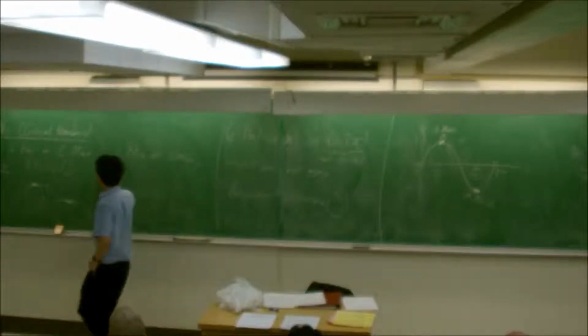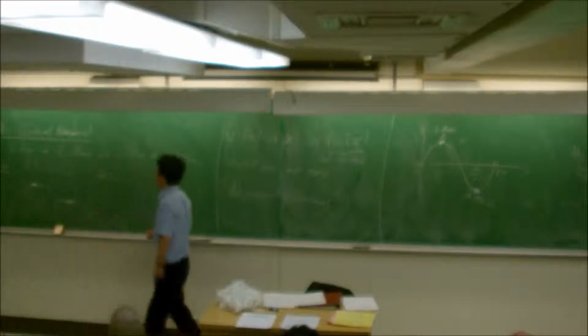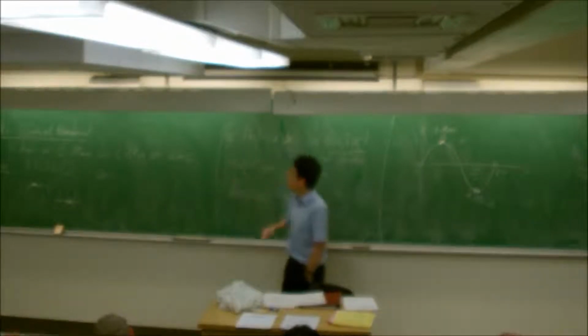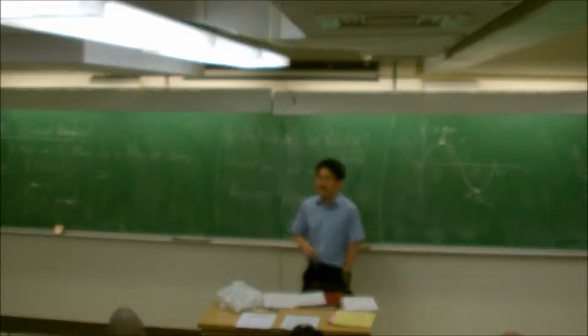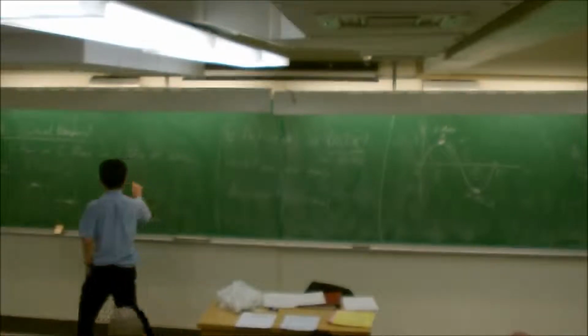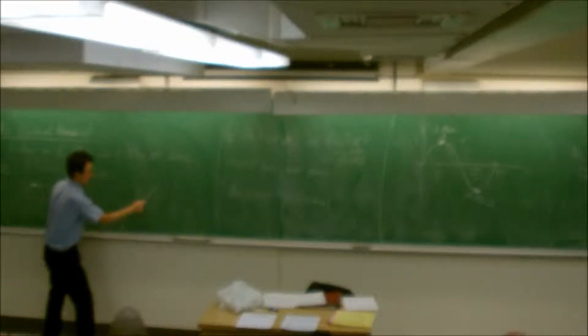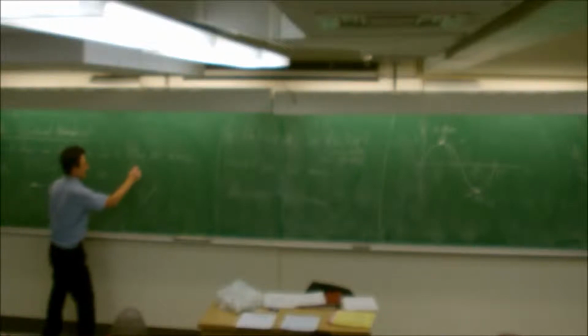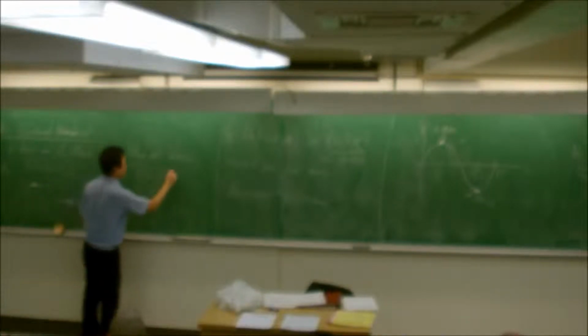If we have a local extremum at x equals c, either there is a derivative and it's 0, or f prime at c does not exist, or is undefined.